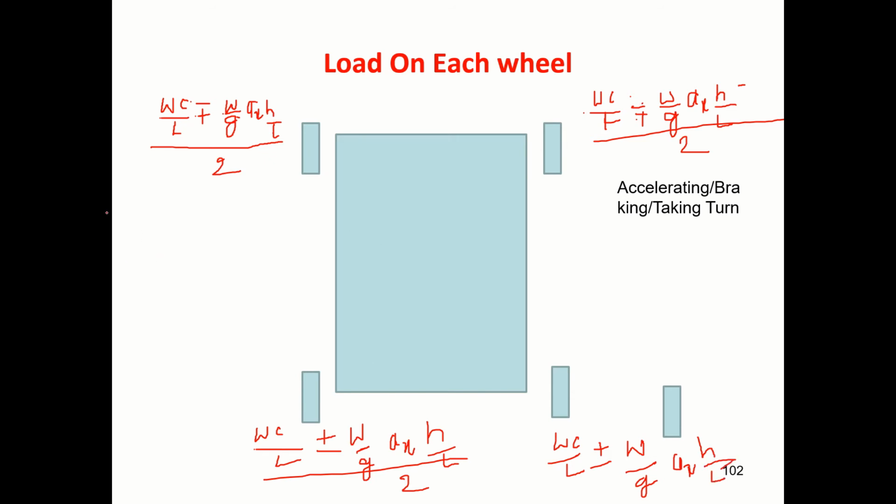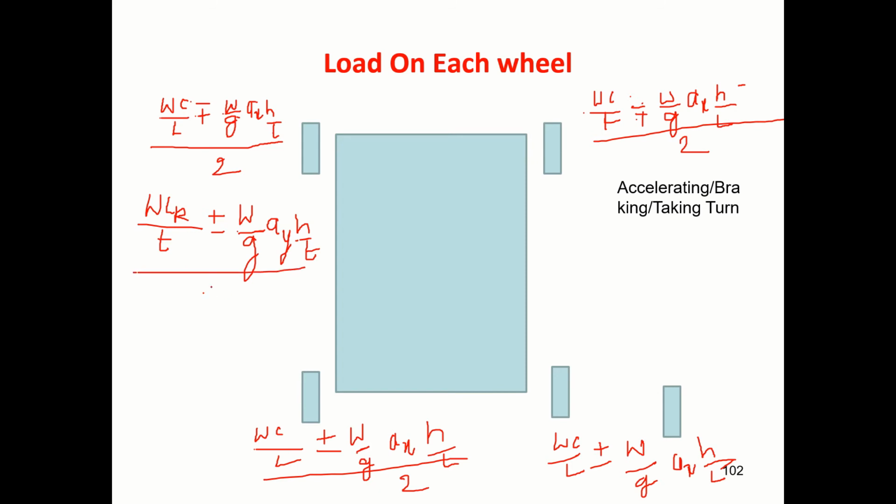Again, left, right. What is that load? W. I'm talking about left, so WL by T, plus minus W by G AY H by T. For this wheel you can say half like this.